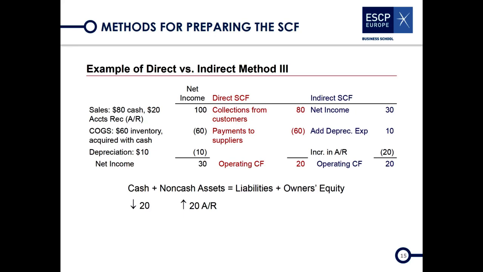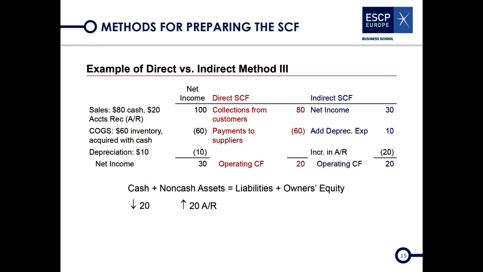So as a rule of thumb, every time you observe on the balance sheet an increase in accounts receivable, it tells you that this is related to sales revenue not yet collected in cash. Therefore, every time you see an increase in accounts receivable, it needs to be deducted in the indirect statement of cash flows to arrive at the correct net operating cash flow. So we don't only need the income statement for the statement of cash flows, but we also need to look into the balance sheet, because this is where we got the second part of the information.